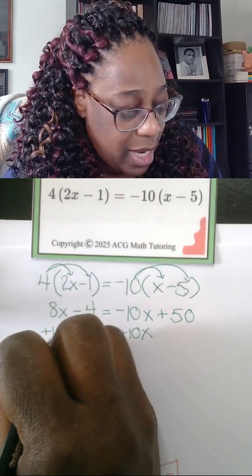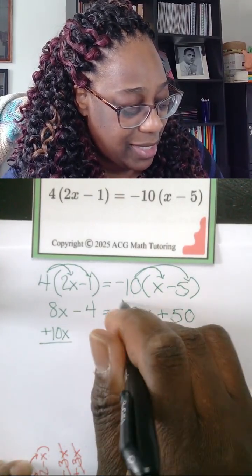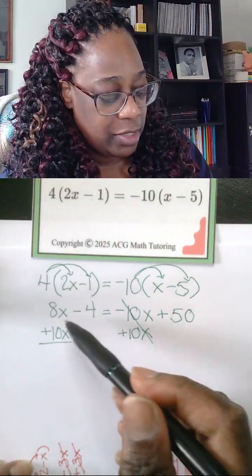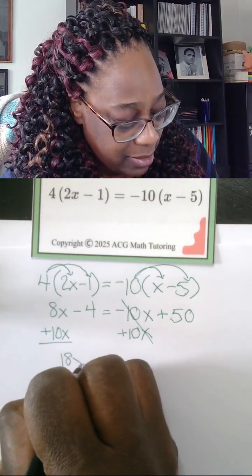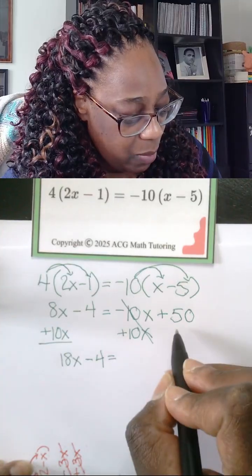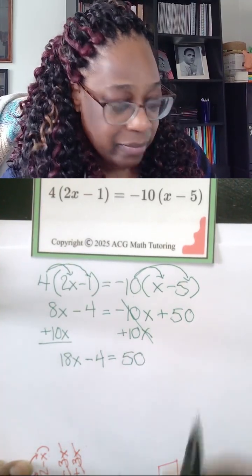If you don't remember anything else I tell you, remember, when you're solving these, you are finding the inverse. That's how things move. So now, 8 plus 10 gives me 18x. I'm going to bring down my minus 4. And what's left on the right-hand side is our lovely 50.